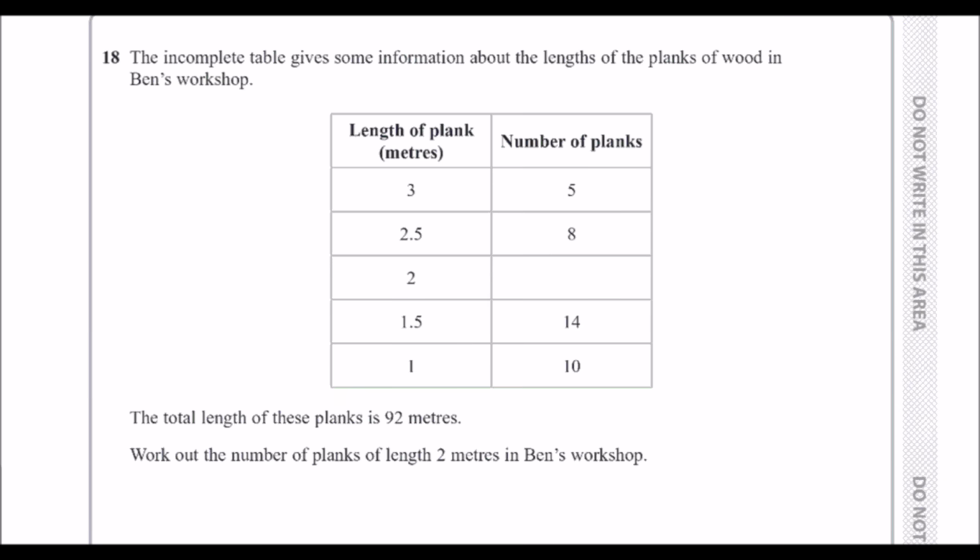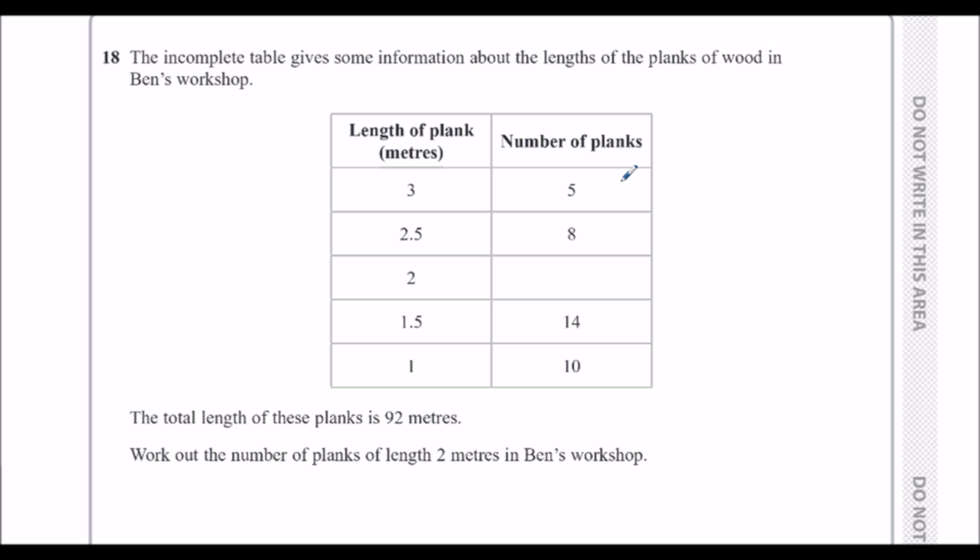Question 18. The incomplete table gives some information about the lengths of the planks of wood in Ben's workshop. So we've got the table, and then it says the total length of these planks is 92 meters. Work out the number of planks of length 2 meters in Ben's workshop.